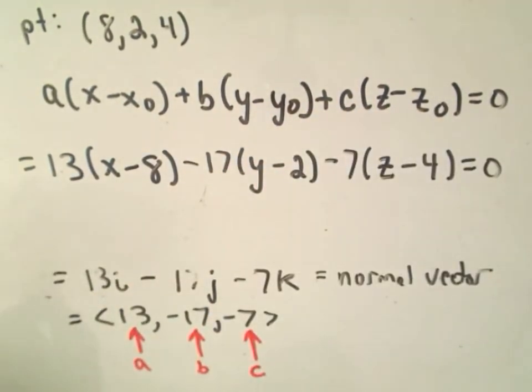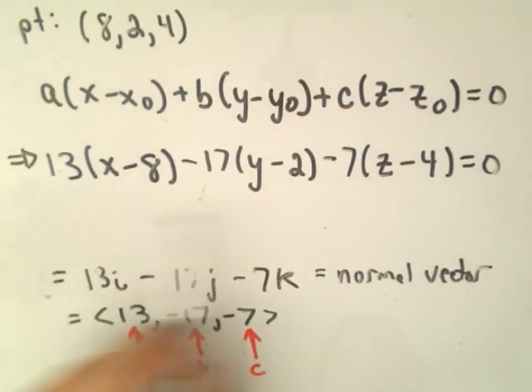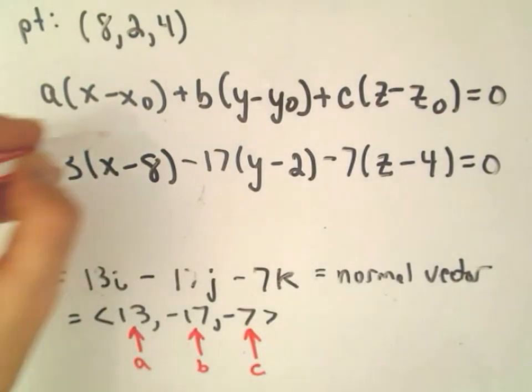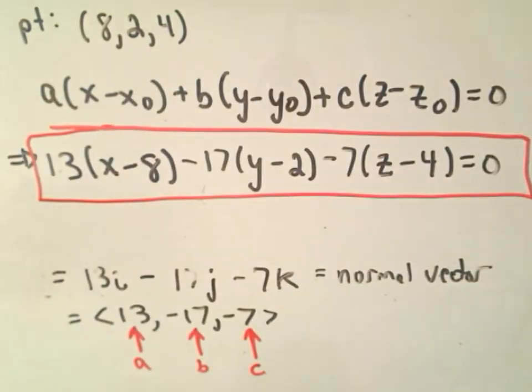And you could distribute this out. Sometimes people will distribute this out and move the constant to the left side, so knock yourself out if you want to do it. I'm not going to do that tedious arithmetic. But that would be one example of finding the scalar equation of the plane.